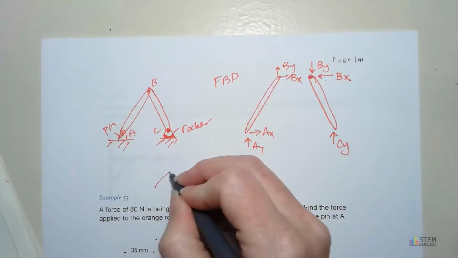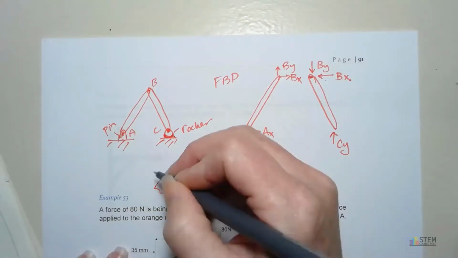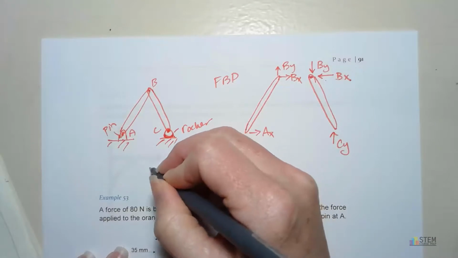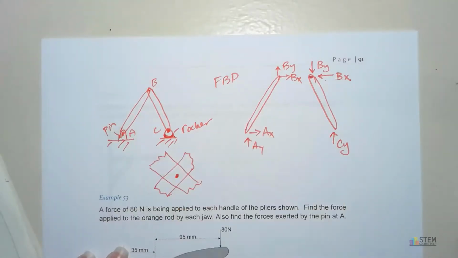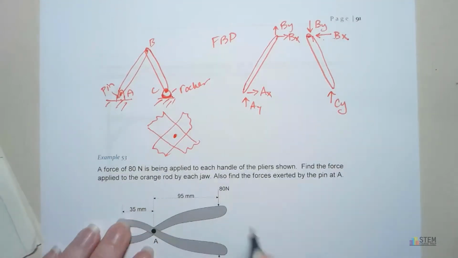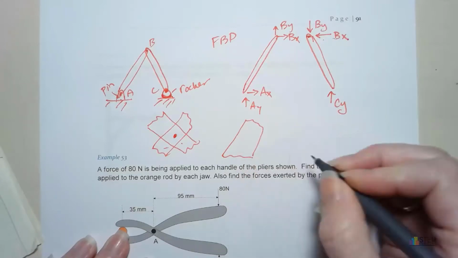And then just another one. If we've got something like this, let's think of some scissors where we have the two handles pinned together in the middle here. What we would do is separate these out. So we'd do each one.